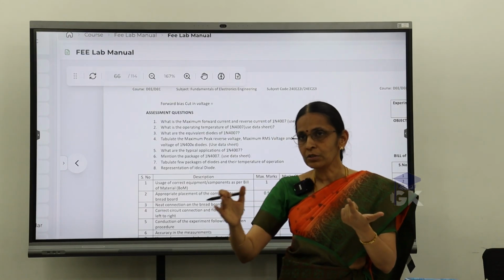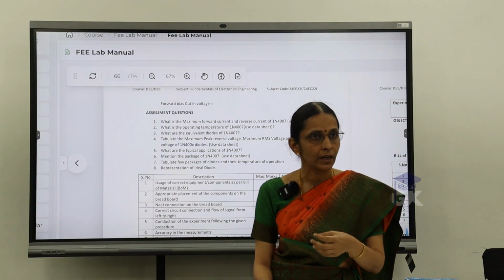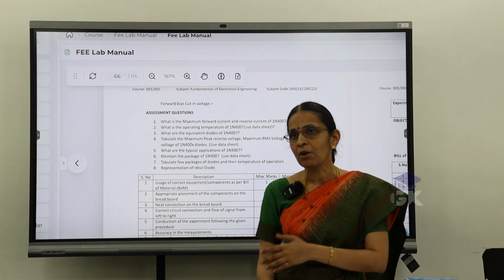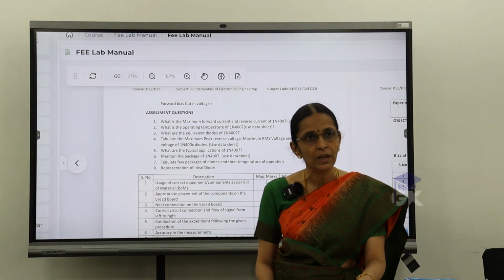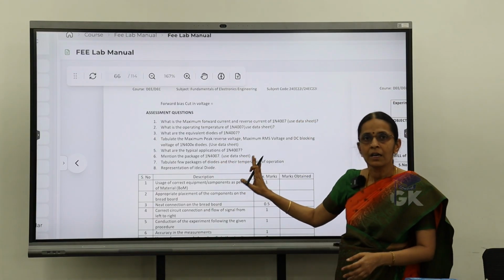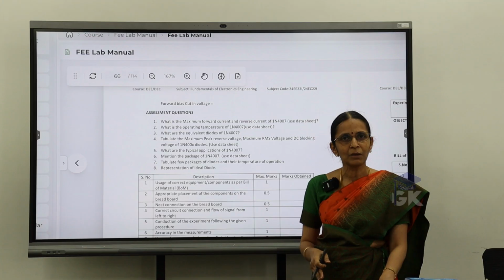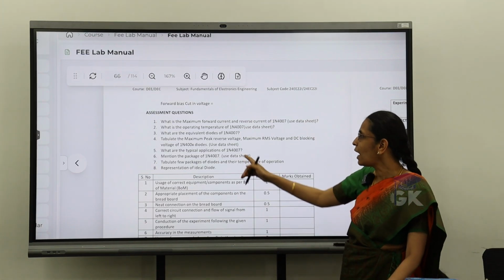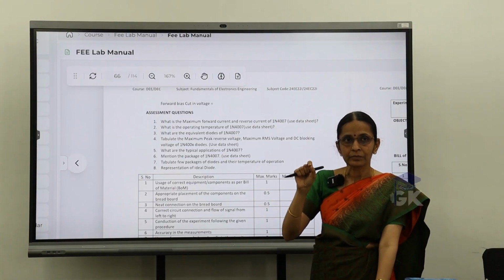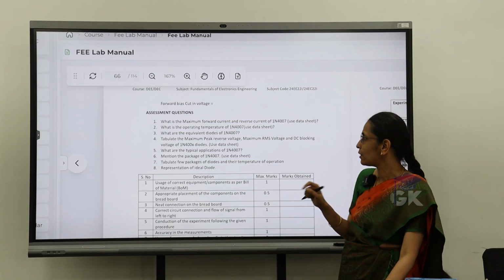I have 1N4001 to 4007 series. I have 1N4148. So there are plenty of diodes. The same diode I cannot use for all the purposes. Each has got its own applications. Right. So this 4000 series are basically for rectification. We call them rectifier diodes. So that will be specified in the data sheet. So they should know where to look and then find out what its application is.